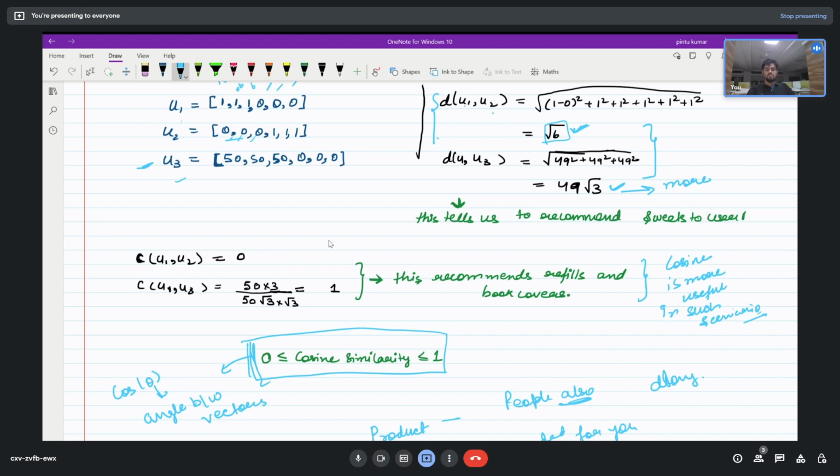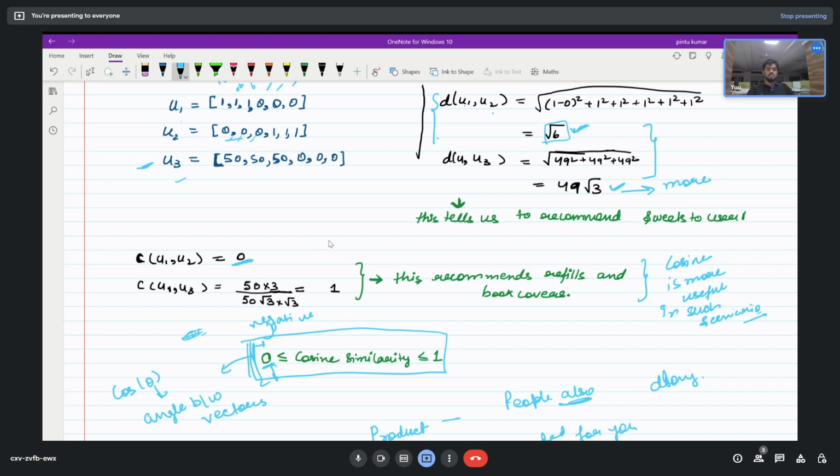And now you would be like, why should it be between 0 to 1 and not minus 1 to 1? You should think about it. It should be between minus 1 to 1 only if you allow negative entries also. Right now I don't have any negative entries. If these two vectors are perpendicular to each other, then you'll get 0.